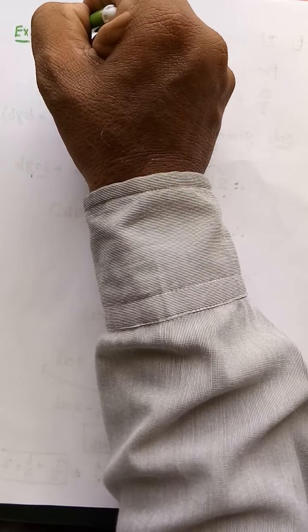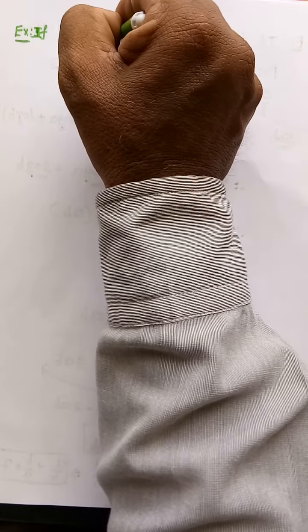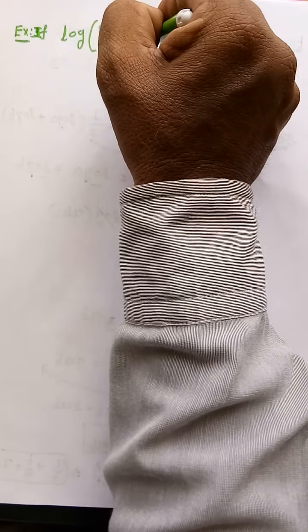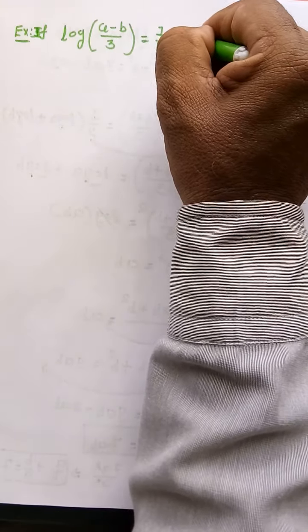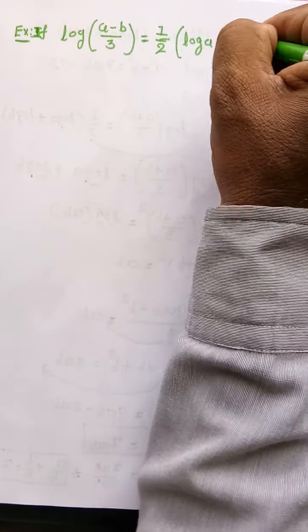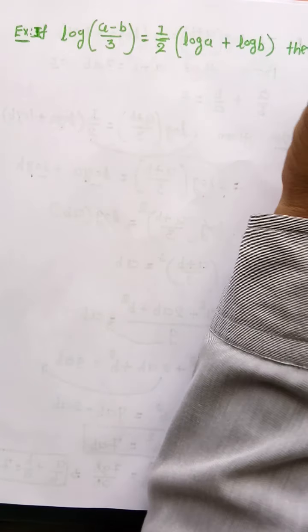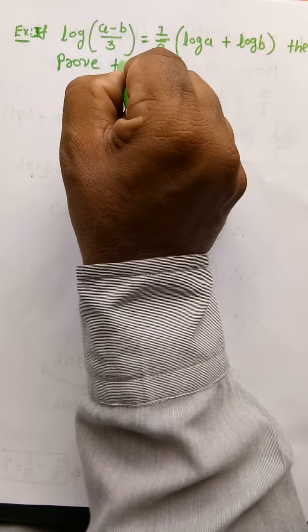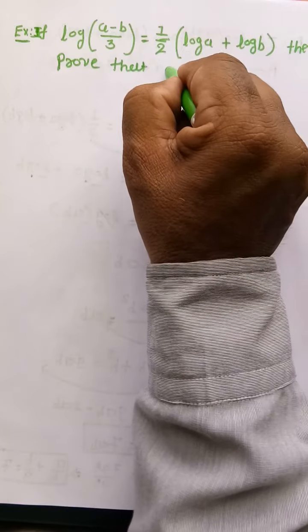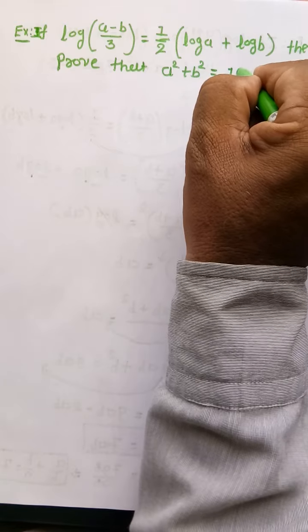Now again example, if log (a minus b) by 3 is equal to 1 by 2 brackets mein log a plus log b, then prove that a square plus b square is equal to 11ab.